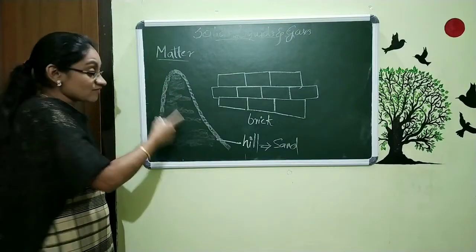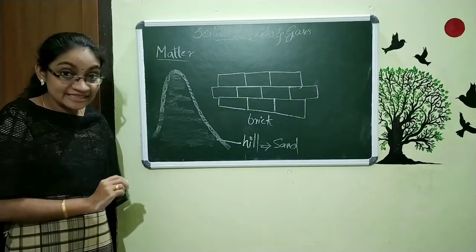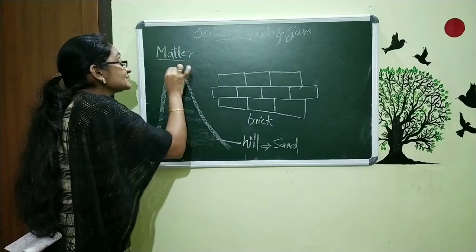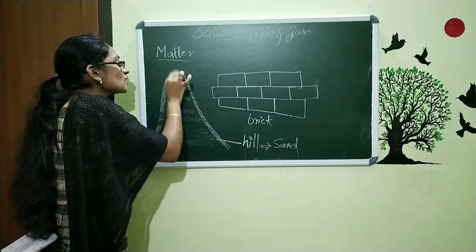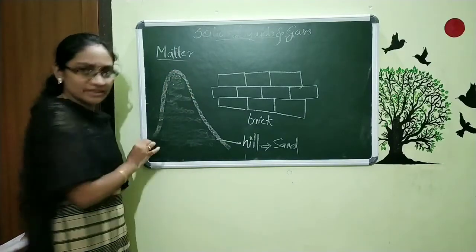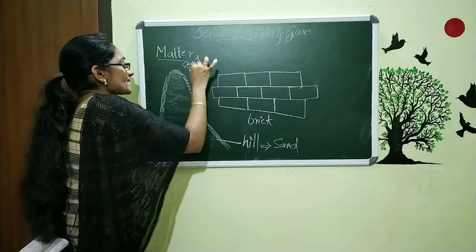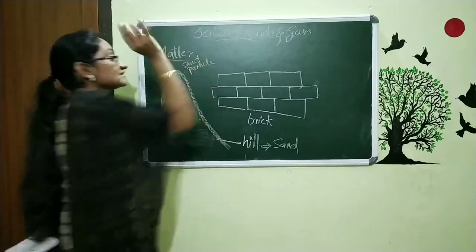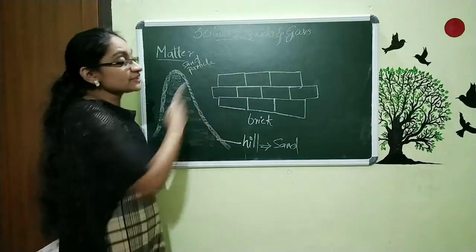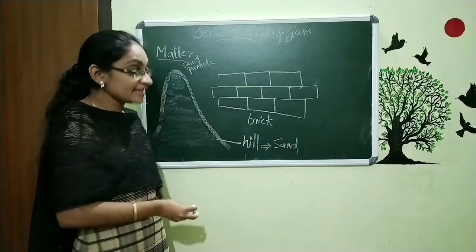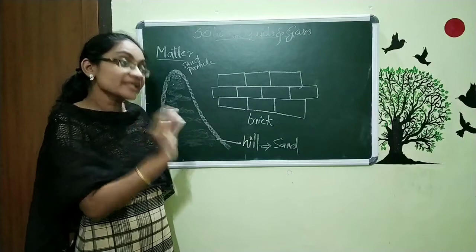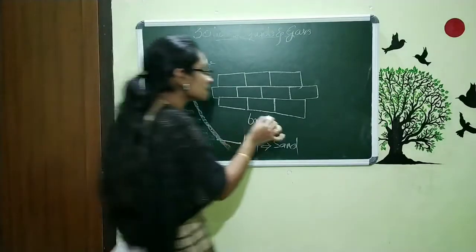What is this hill made of? This hill is made of sand particles or small sand powder. We can say it as sand particle. And what about the building here? We made this building by joining the small units of brick.